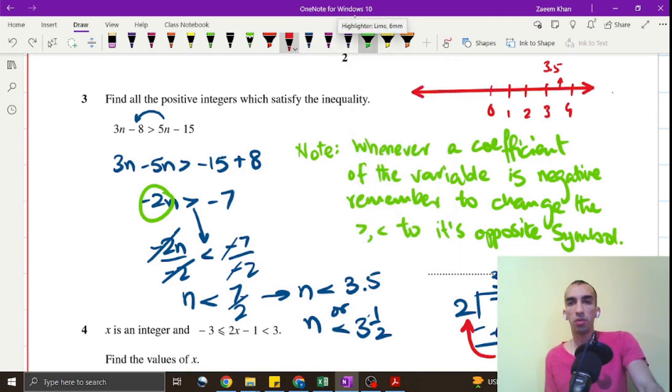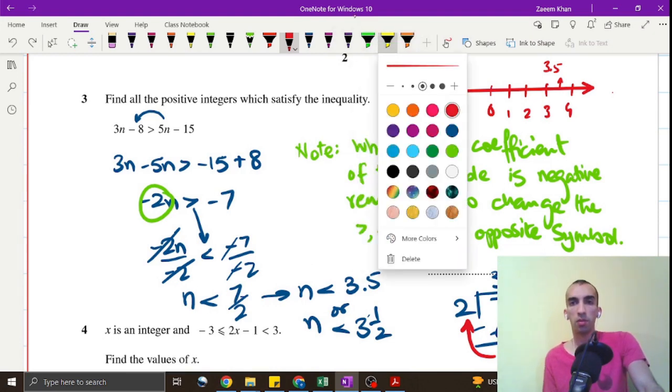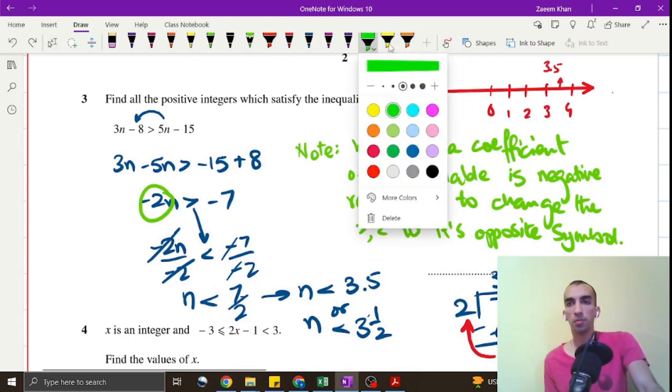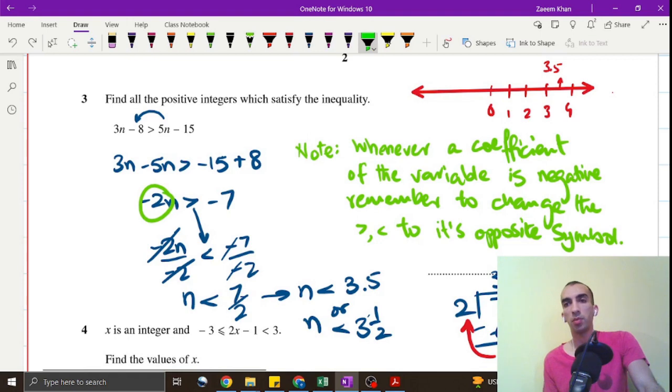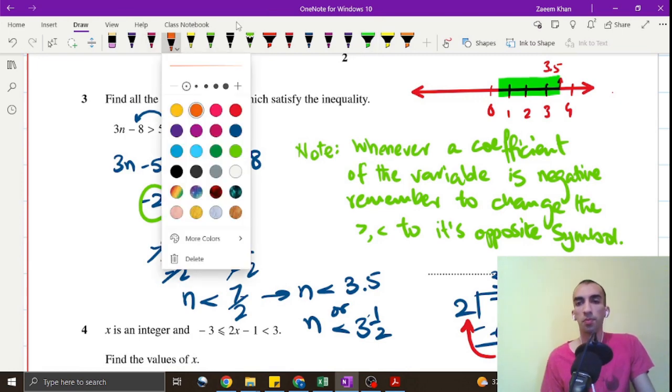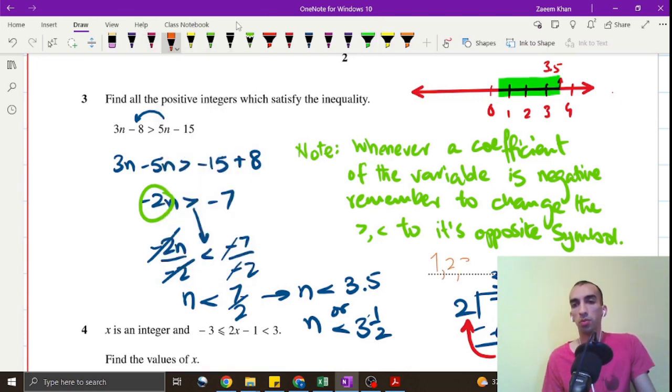So if I were to draw in a... do you have an answer? Shabash. These are all the positive integers below 3.5. I mean 0 is not positive, so our answer is going to be 1, 2, 3.